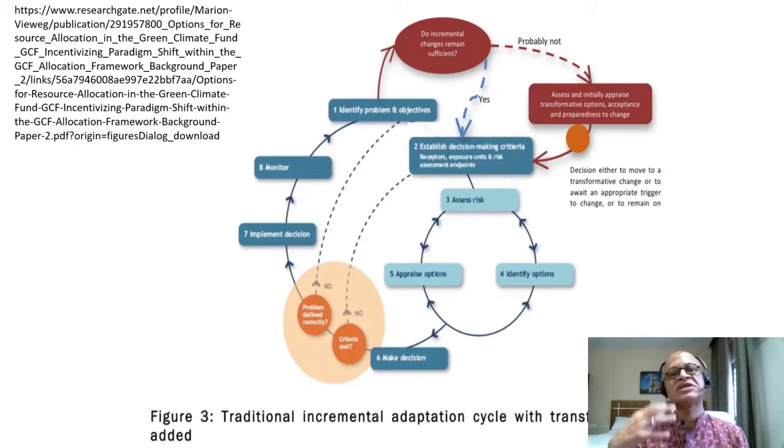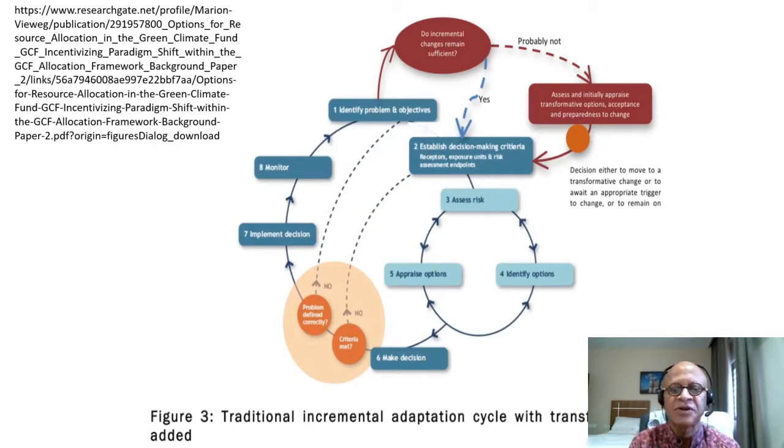So just like when we said communication can be just to make people aware of, let's say, climate change, or it can be to engage them in action like reducing plastic waste or avoiding deforestation or whatever, or it can be complete behavioral change where you're expecting people to give up eating meat and so on and so forth. So adaptation also can be incremental to just deal with reducing immediate vulnerabilities, or it can be transformational.